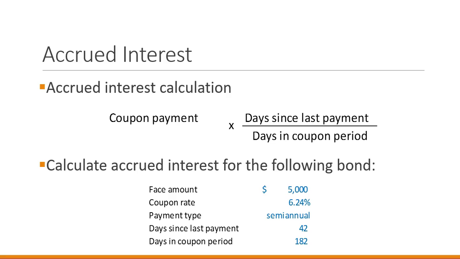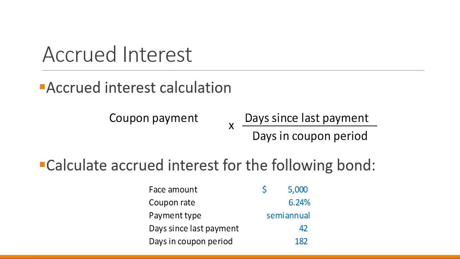The accrued interest is referring to the interest that has been earned on the bond but hasn't been paid yet. This is the amount of interest that the issuer owes from the date of the last interest payment up to the current date. And the calculation is coupon payment times days since last payment divided by the days in the coupon period.